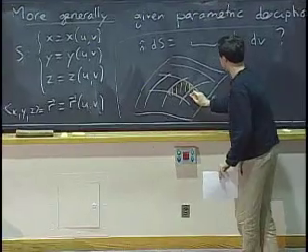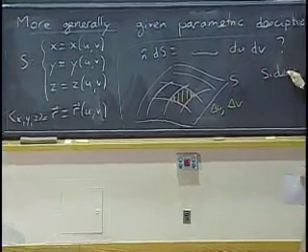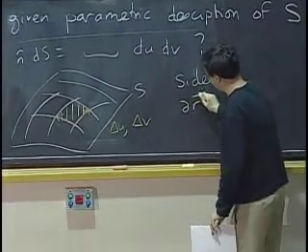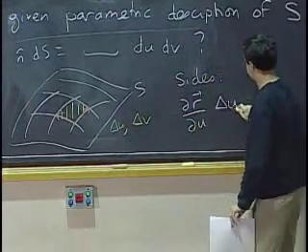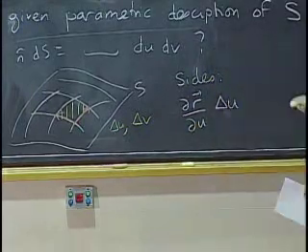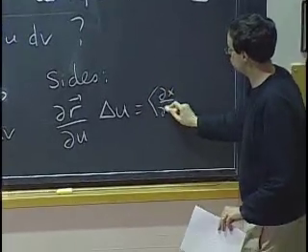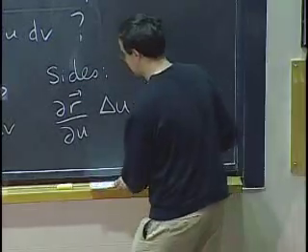Okay, so the sides are given by, let me say, partial r over partial u times delta u. If you prefer, maybe I should write it as partial x, partial u, delta u, partial y, and so on. It's just too boring to write.